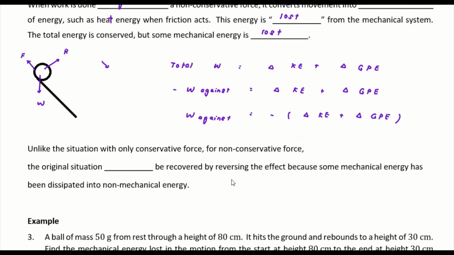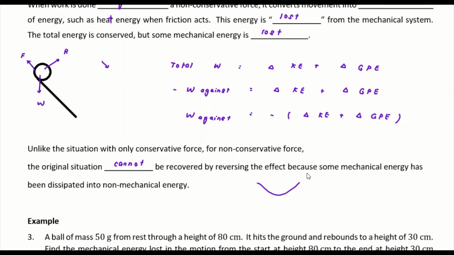Okay, so unlike the situation when there is only a conservative force, for a non-conservative force the original situation cannot be recovered. You remember the shape that I drew just now. We say that at every point, the GPE and the KE added together are the same, right?